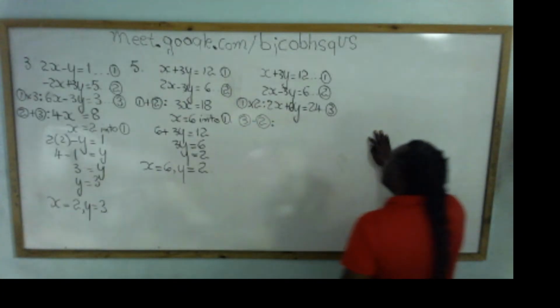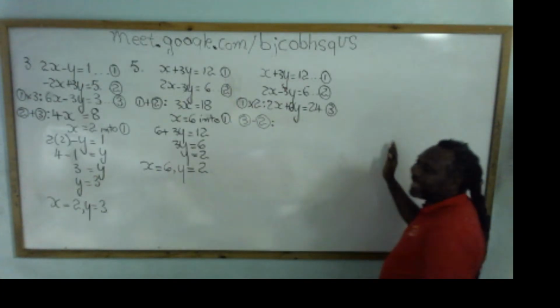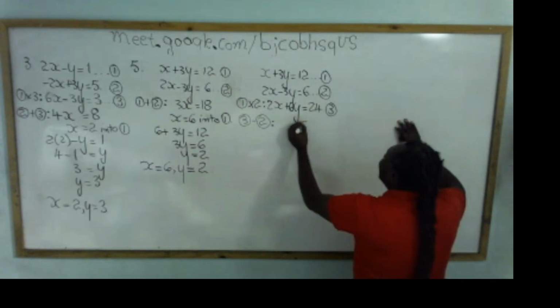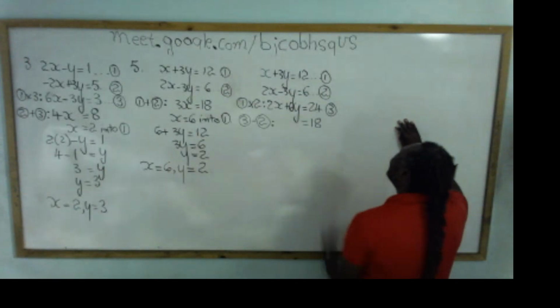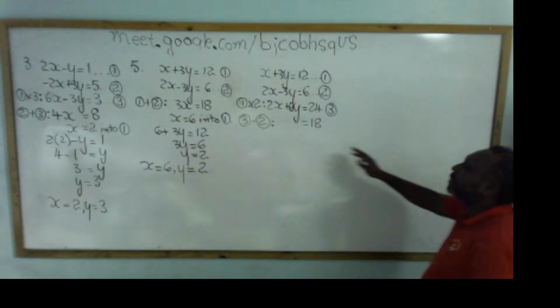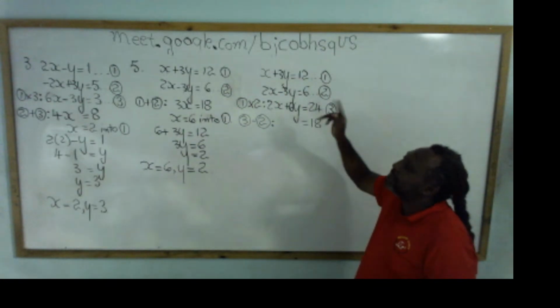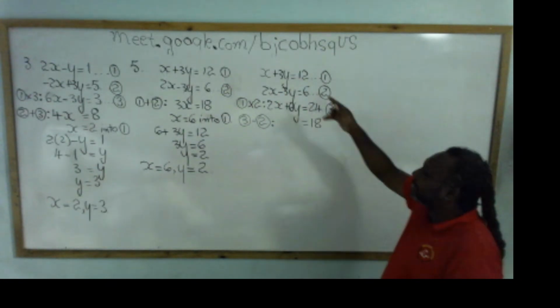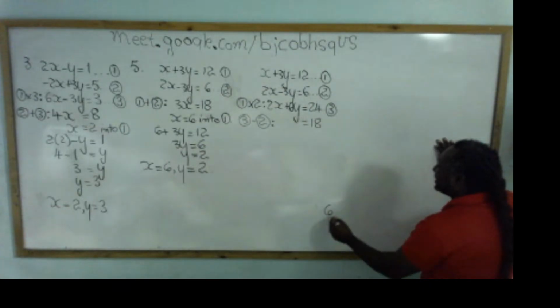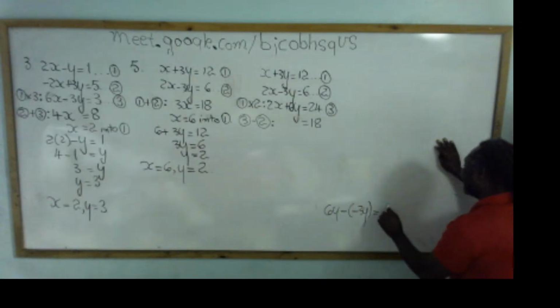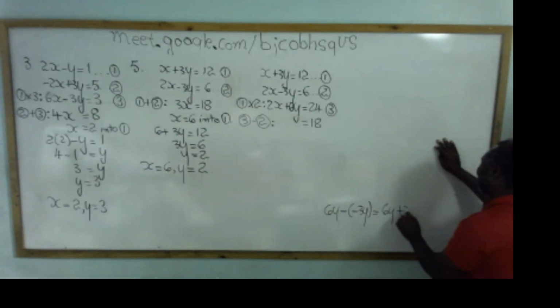Surely, since the x's are identical, they are eliminated. Then we have 24 minus 6, and I think that is equal to 18. Then we have what? 6, not 6 minus 3, but 6 minus negative 3. 6y minus negative 3y is equal to 6y plus 3y.